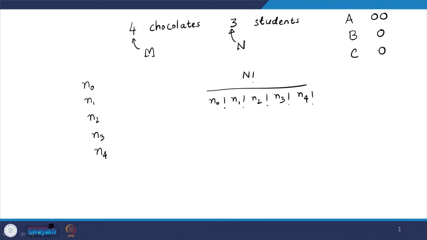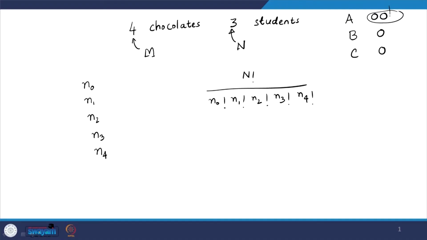So, if we do not have the distinction, in that case we can pick the student containing 2 chocolates in 3 possible ways, because whether A has 2 or B has 2 or C has 2, all of them basically give you the same distribution, that one student gets 2 chocolates, right. So, it can be done in this particular way, it can be done in this way, or it can be done in this way.